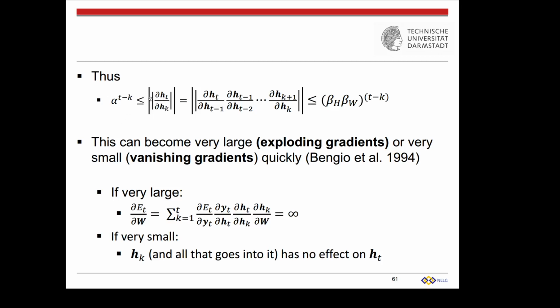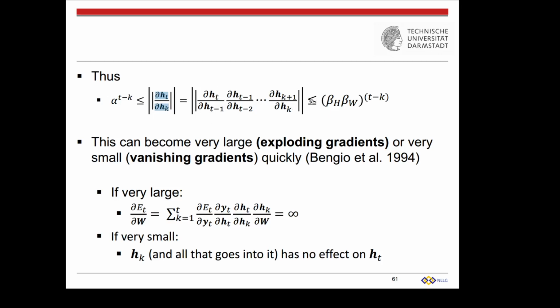So this thing that we're after, dh_t by dh_k, is bigger than alpha to the t minus k. And also each of these terms was bounded by some general bound that holds for all of the vectors.